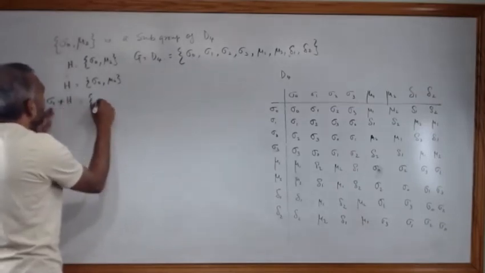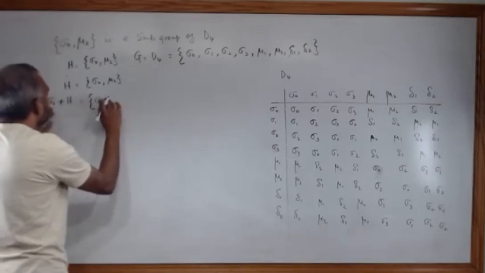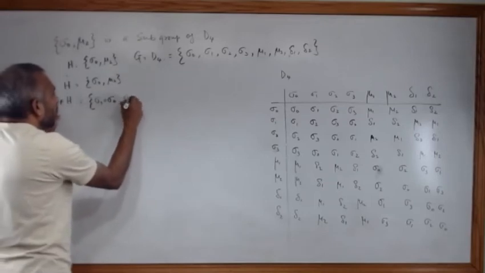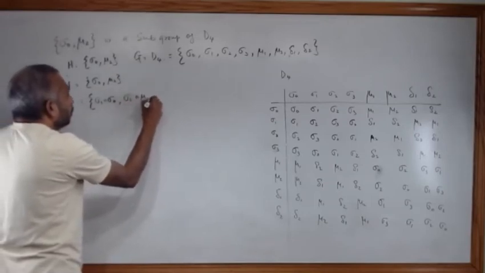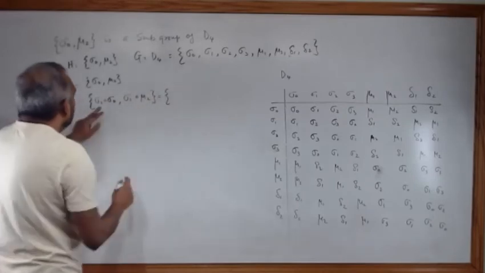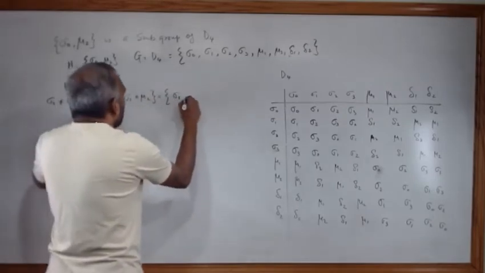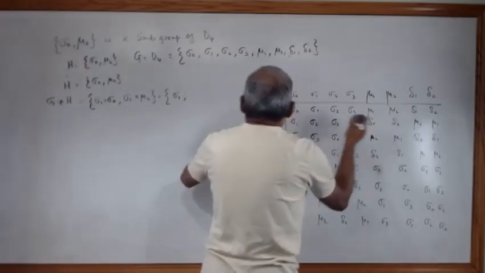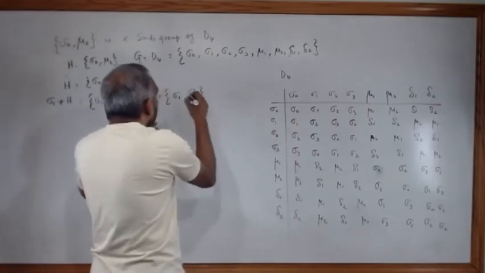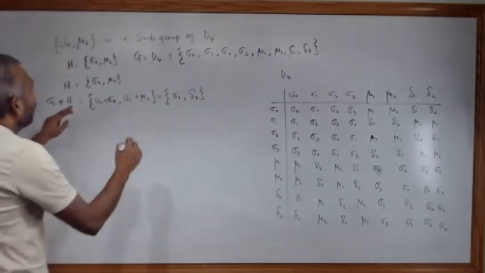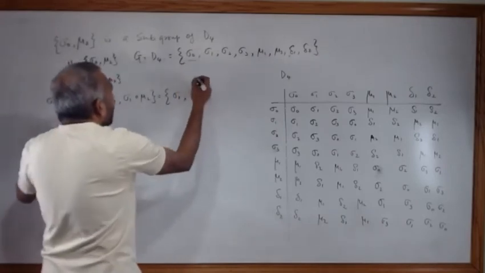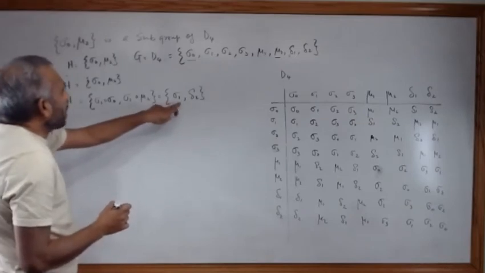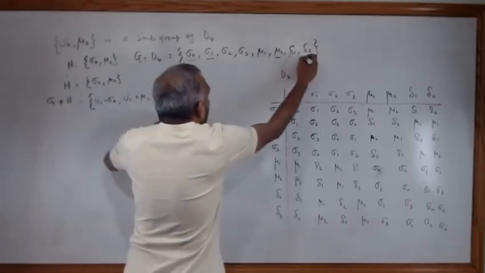And that is sigma 1 operated on sigma 0 and sigma 1 operated on mu 2. And that is equal to sigma 1 and sigma 1 mu 2. Sigma 1 mu 2 is delta 2. So we have taken this one and this one for the subgroup, and sigma 1 and delta 2 are also taken.